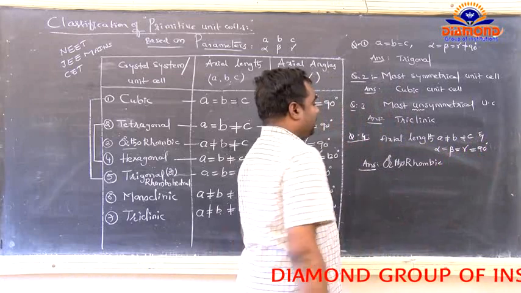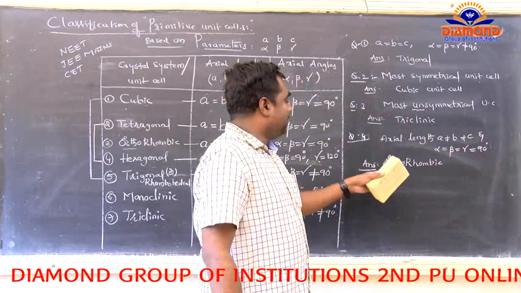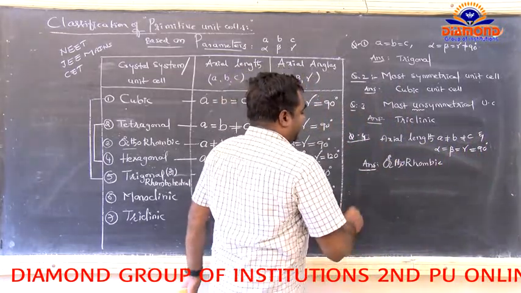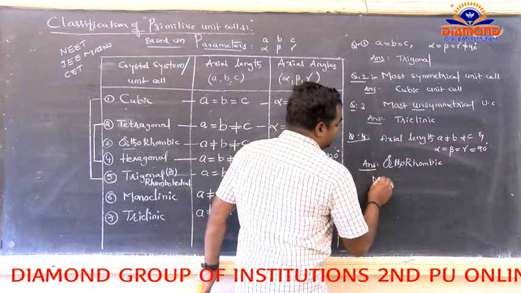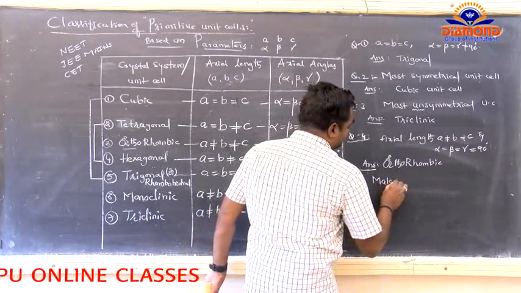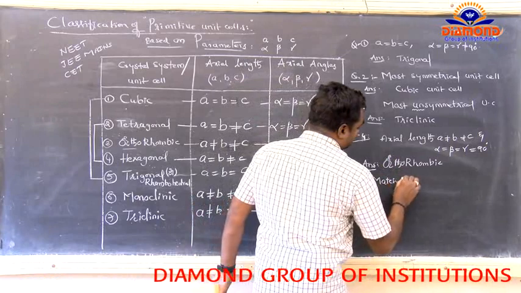Which type of unit cell belongs to the matchbox?